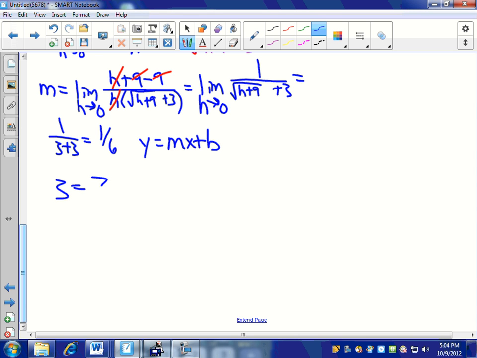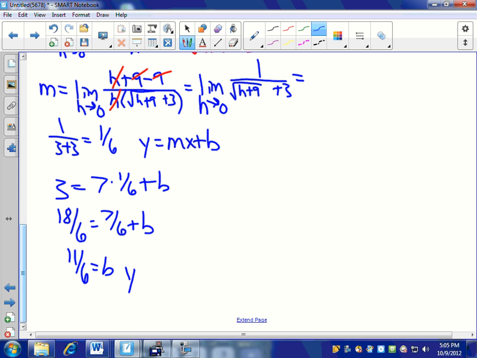Y is 3, x is 7, times 1 over 6, my slope, plus b. 3, or 18 over 6, equals 7 over 6 plus b. So 11 over 6 is equal to b. So y equals 1 over 6 x plus 11 over 6. Graph it on your calculator. That's what I do to check that I'm right, and that is correct.